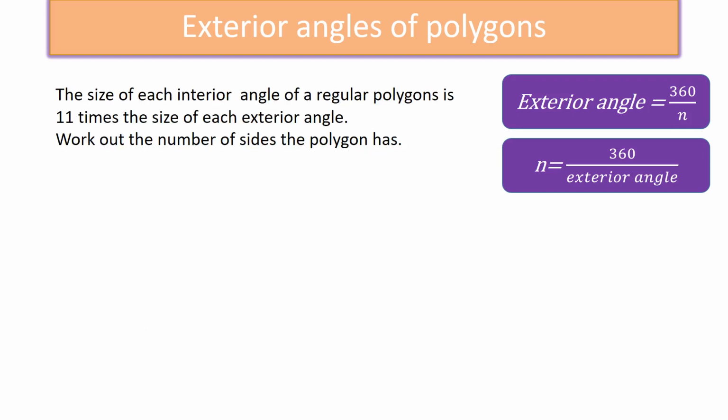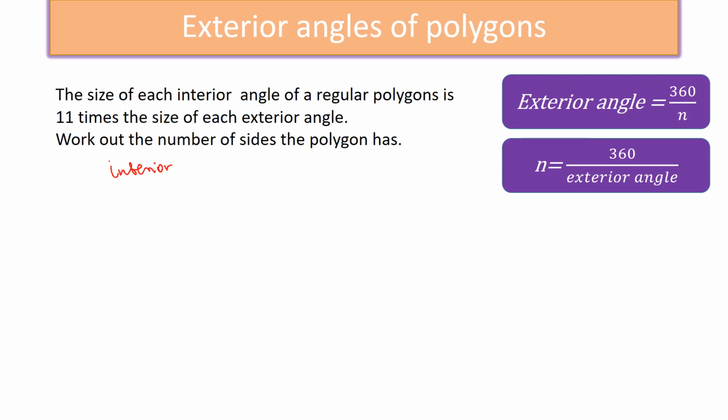Now we're going to look at an exam style question. Let's read it together. The size of each interior angle of a regular polygon is 11 times the size of each exterior angle. Work out the number of sides the polygon has.